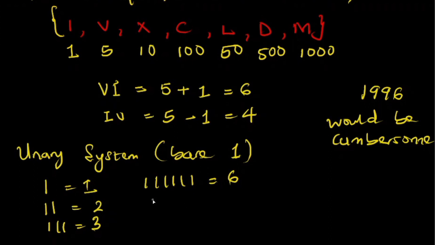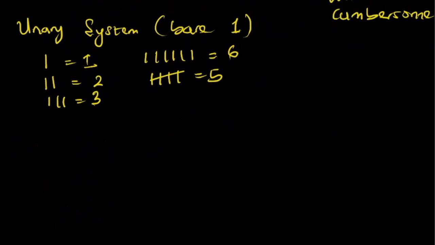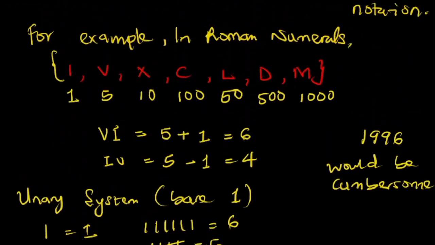Most times a tally was used: 1 1 1 1, then a cross stroke, and this represents 5. So even the idea of tally is involved in the unary system. There's only one glyph, and that glyph is 1. But our system now is the best when you look at it.